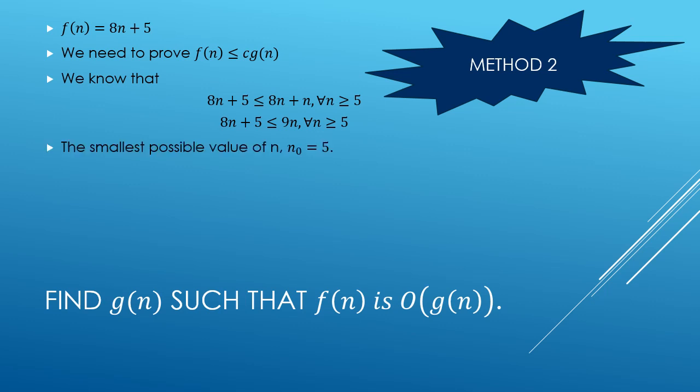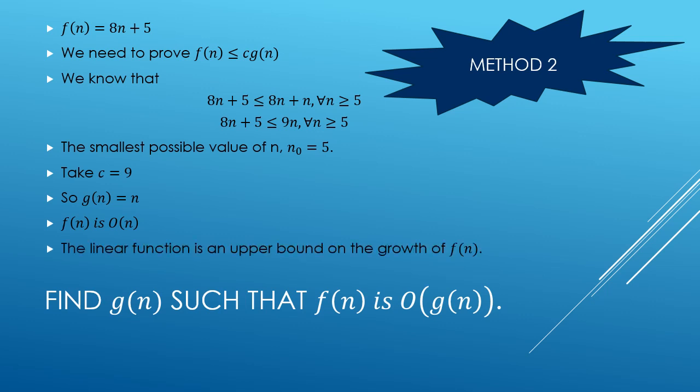The smallest possible value of n naught is 5. Take C to be 9. So Gn is n and Fn is O(n), and the linear function is an upper bound on the growth of Fn, or the linear function grows faster than Fn.